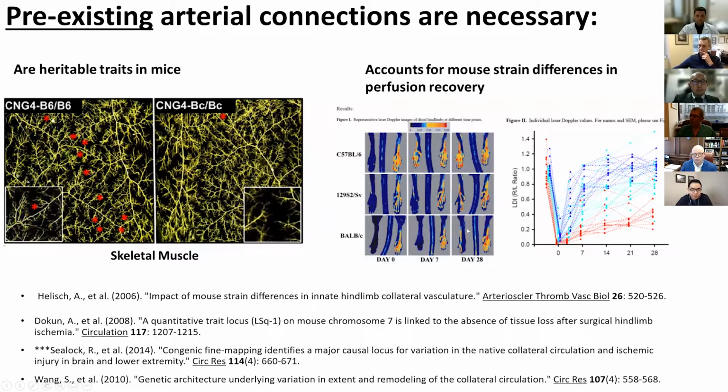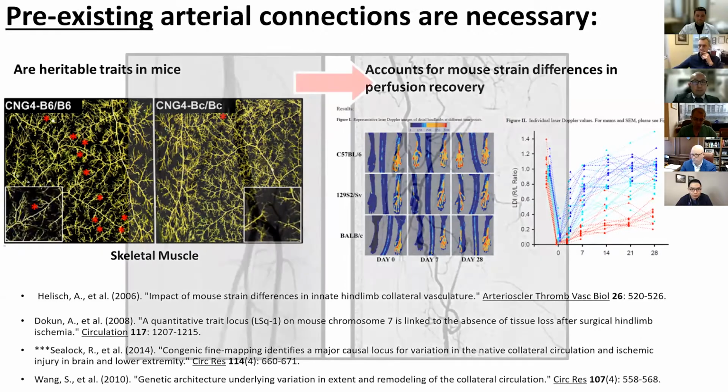But the BALB-C strain, on the other hand, is notoriously poor at perfusion recovery after femoral artery ligation. These animals tend to suffer severe consequences of ischemia, tissue loss, and one of the major factors accounting for this difference is the presence or absence of these pre-existing interarterial connections.